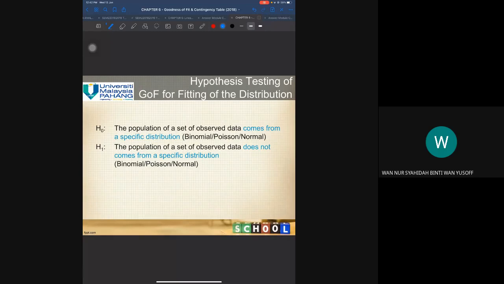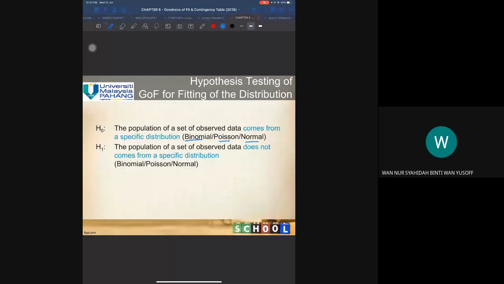So for the H0 and H1, if you have the fitting of the distribution, H0 will always be that your data follow that distribution. It will be either binomial or Poisson or normal, which will be given in your question. For example, test the hypothesis that the data follow Poisson, or the data follow normal distribution.